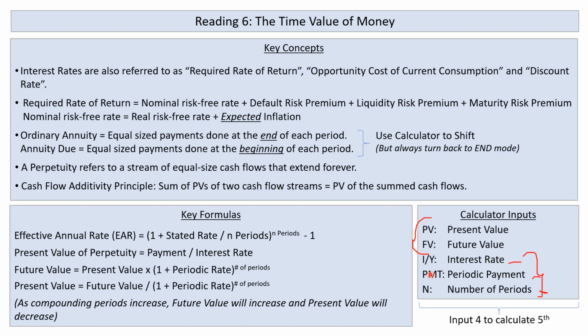So that's your present value today. The future value is how much that money should be worth after a certain amount of time. The certain amount of time is meant by N. The periodic payment is if there are any payments in between. So if you save up $100 today and another $50 every month, as we gave an example, the $100 is the present value, but the $50 payment you make is the payment.